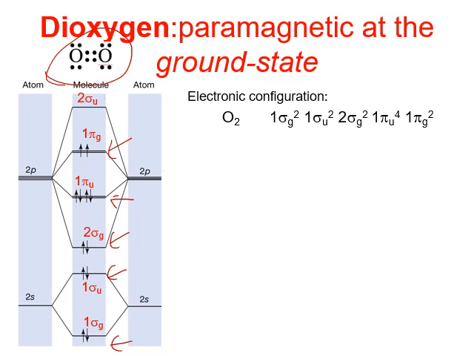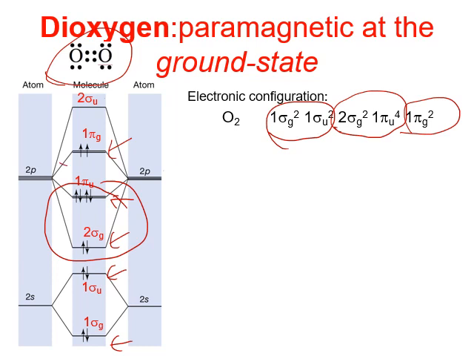Now remember these two, one is bonding, one is anti-bonding, so they cancel each other. These 6 electrons are in the bonding molecular orbitals, and 1 pi g is the anti-bonding molecular orbital, and therefore for the bond order, you don't need to count these 4 electrons.